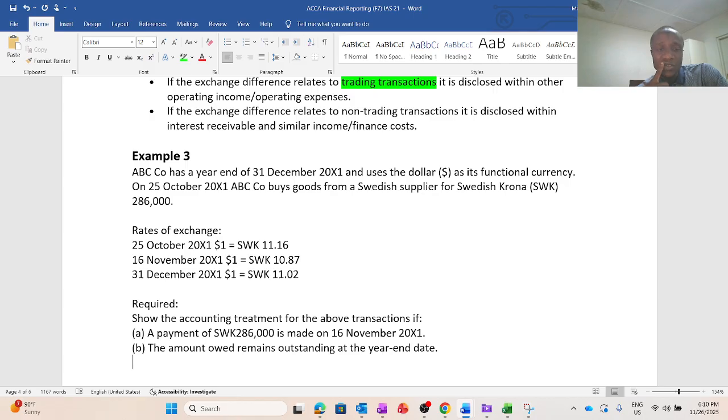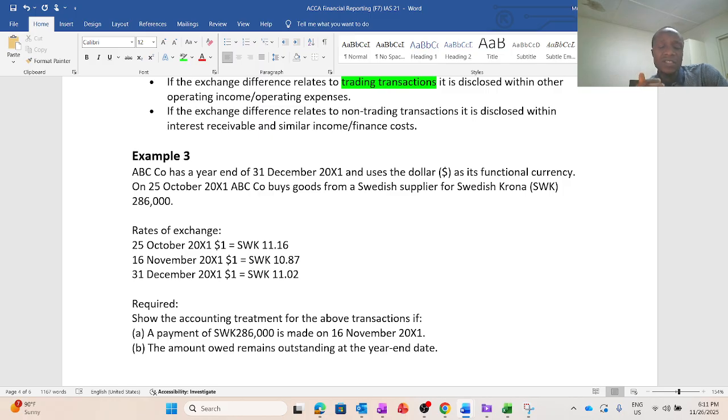The rate of exchange on the 25th of October 20x1: $1 equals 11.16. On the 16th of November 20x1, $1 equals 10.87. On the 31st of December 20x1, $1 equals 11.02. Now I'm not going to solve it again. I'm going to explain. In the live online session, we are going to solve this particular question.